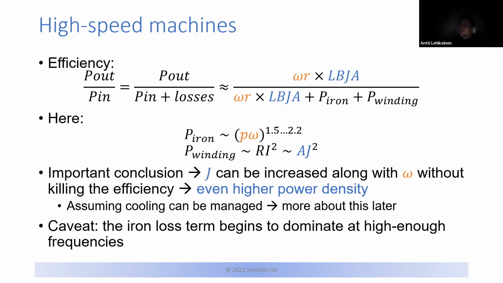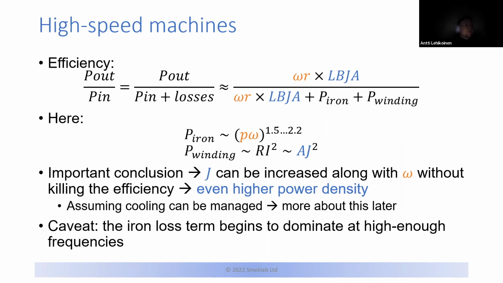But let's just for now assume that they stay manageable. So if we simply increase the speed and change nothing else, our efficiency improves, meaning we can at the same time increase our current density, this J here, by some degree without killing the efficiency, because with the speed increase, our efficiency just improved.